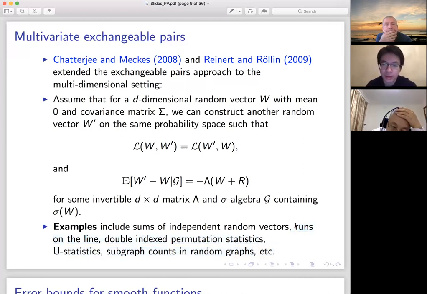So this is runs of different orders on the line, and this is a joint vector of permutation statistics, a vector of U-statistics, and the counts of possibly different subgraphs in random graphs. So this setting has also many applications. Therefore, it is of interest to obtain a similar Wasserstein bound, assuming your random vector W has this exchangeable pair structure.